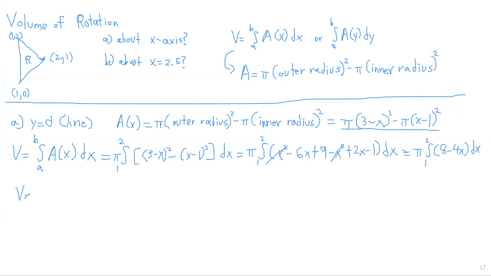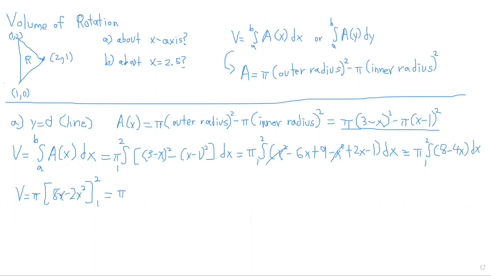V is equal to pi times the antiderivative, so 8x minus 2x squared, from 1 to 2.